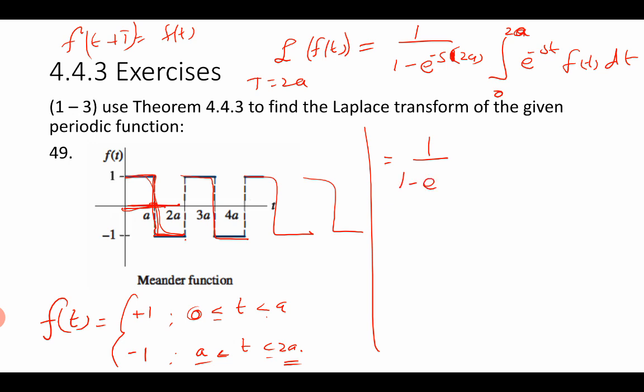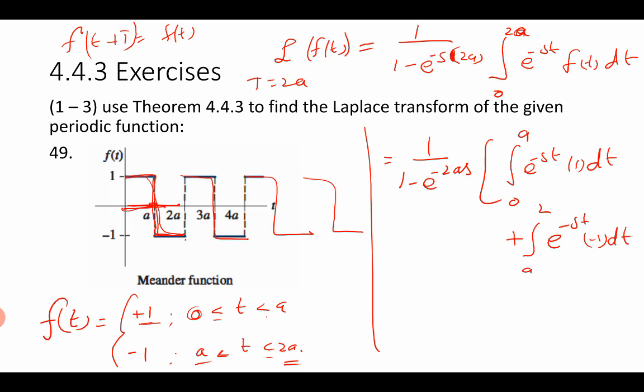1 minus e raised to minus 2as, and the integral 0 to 2a can be separated into 0 to a e raised to minus st. In this interval the function is 1, positive 1 dt, plus a to 2a e raised to minus st negative 1 dt. Now integrate these two, multiply with the outside constant, that's it.